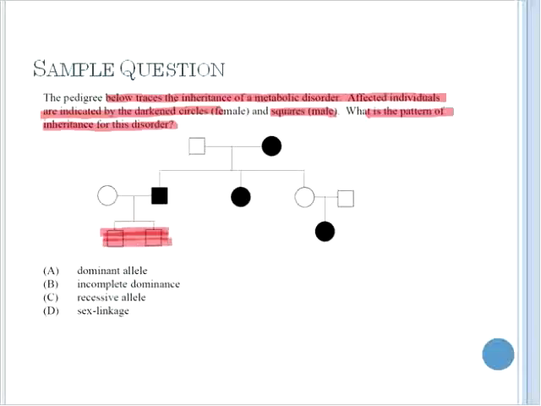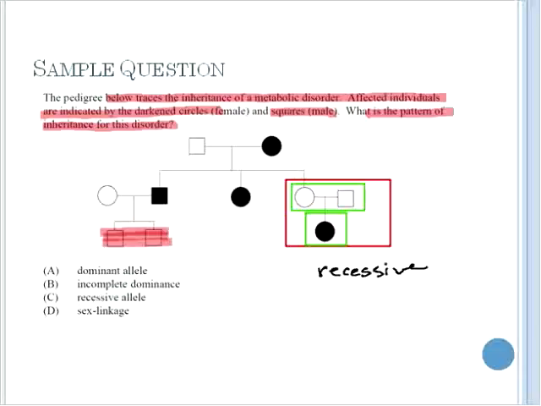The correct answer is that in this case, when we look at these children, neither of them have the trait, yet one of their children does. Both of these individuals were carriers. To be a carrier, the trait would have had to have been recessive. If it was dominant, you could not have been a carrier.